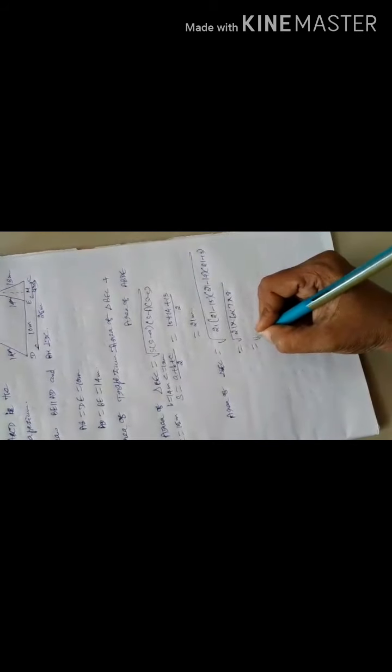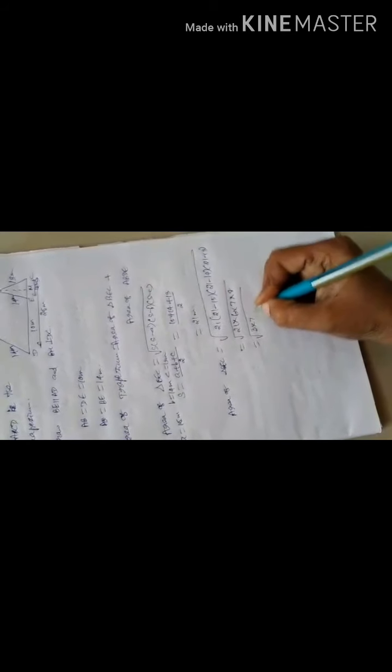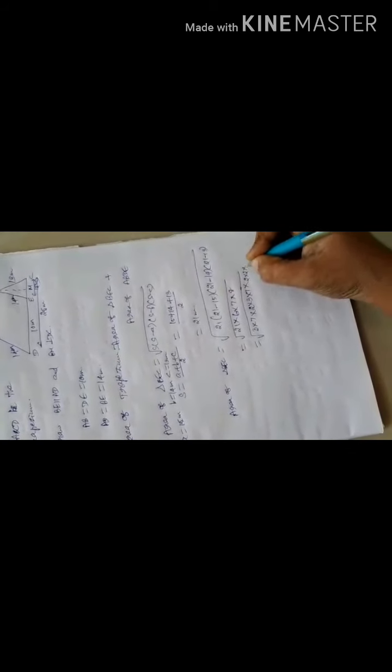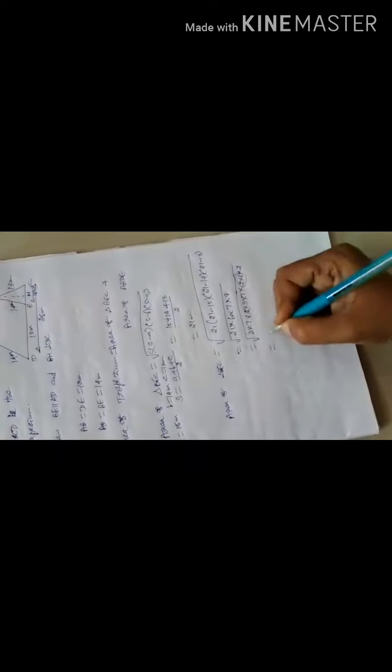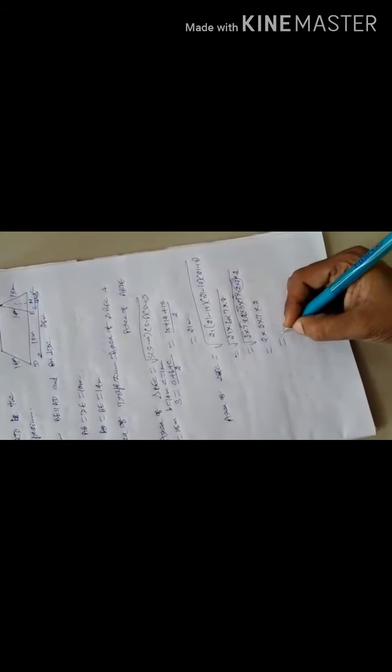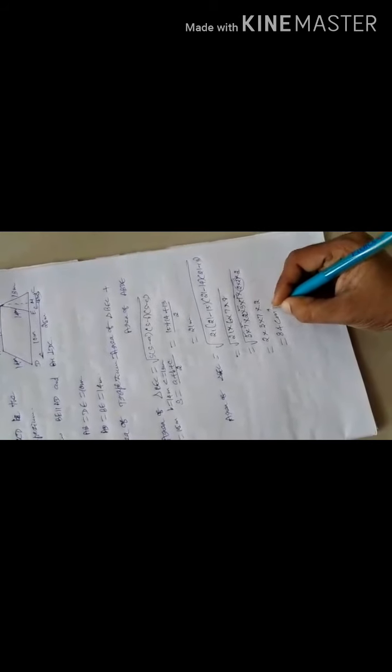So you can write this as 3 sevens are 21, 2 3s are 6, 7 is a prime number, and then 2 2s are 4, 4 2s are 8. So for this 2 2s you can take 1 2 outside, for this 2 3s 1 3, for this 2 7s 1 7, for this 2 2s you can take 1 2. So 84 centimeter square. So this is the area of triangle BEC.